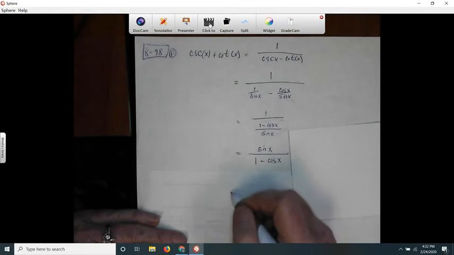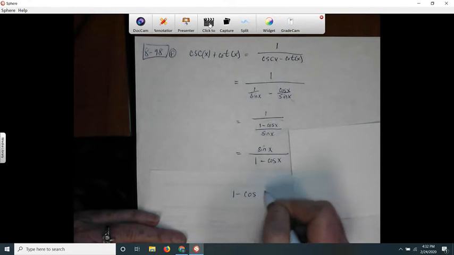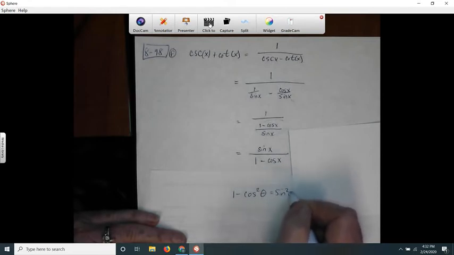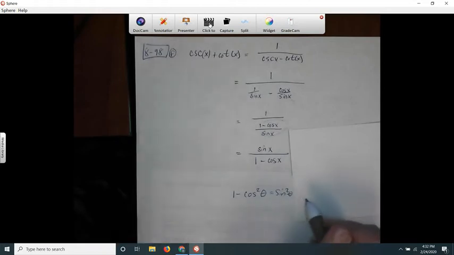I know that there's an identity that 1 minus cosine squared theta is sine squared theta, or sine squared theta plus cosine squared theta is 1. So I really wanted that to happen. And I couldn't figure out how to do that.